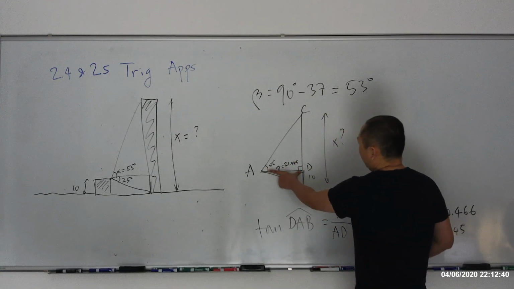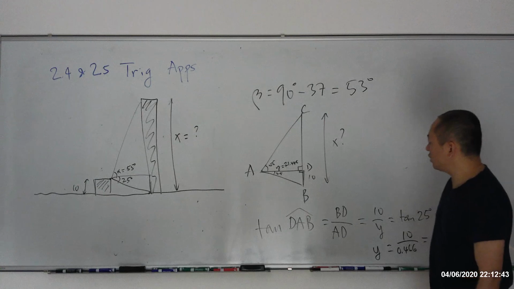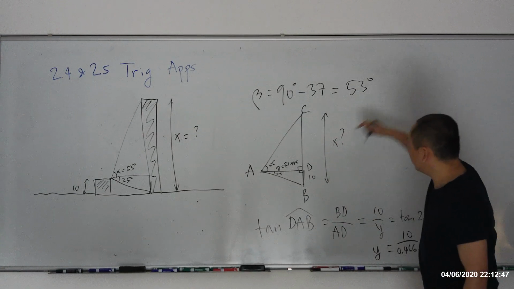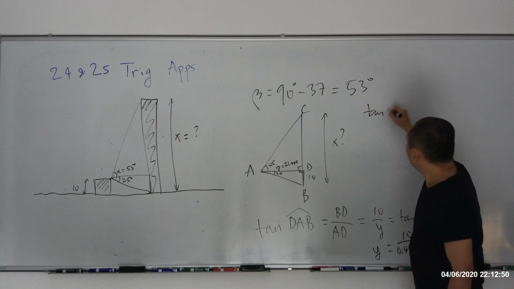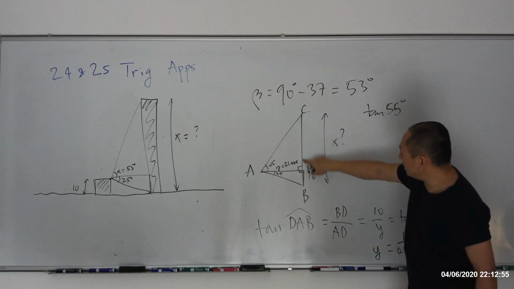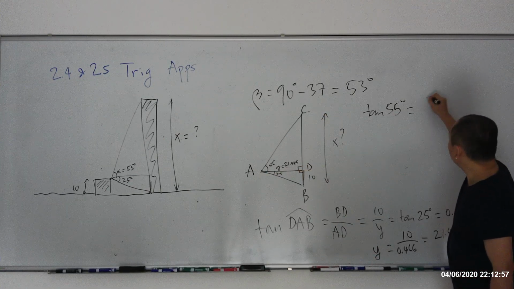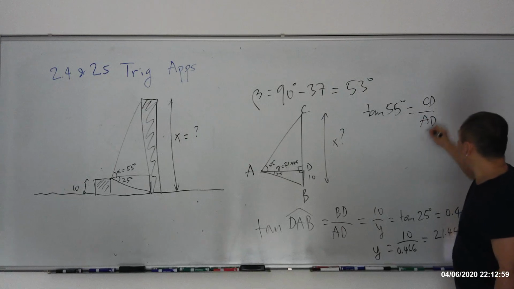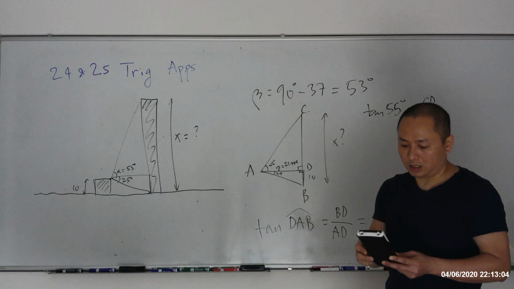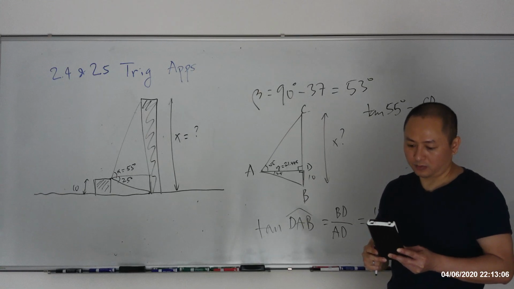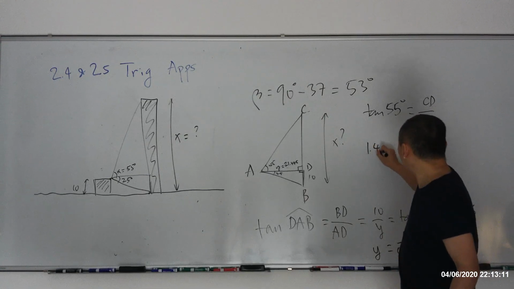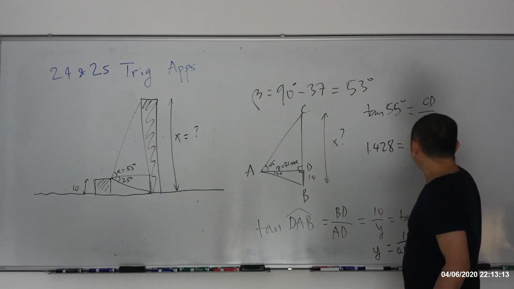Now I know this side already. I can calculate CD. I'm going to use tangent again. Just go around sine, cosine, and tangent. Tangent of that 55 degree angle right here is opposite over adjacent, which is CD over AD. And again, I'm going to use the calculator to calculate tangent of 55, approximately 1.428. CD, I don't know.